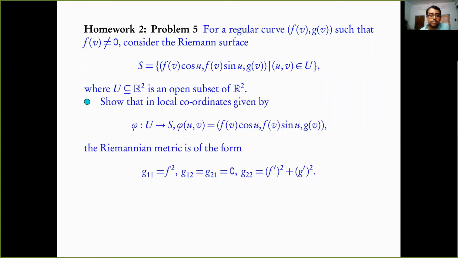Okay, so the first question is, show that in local coordinates phi, u, v to S, the Riemannian metric is of this form. Well, this is a simple computation. So let's just go ahead and do it. So the coordinate is u comma v, because u comma v already gives you a chart, locally at least. So of course, you cannot take u to be more than 2 pi, because then sine and cosine are periodic.